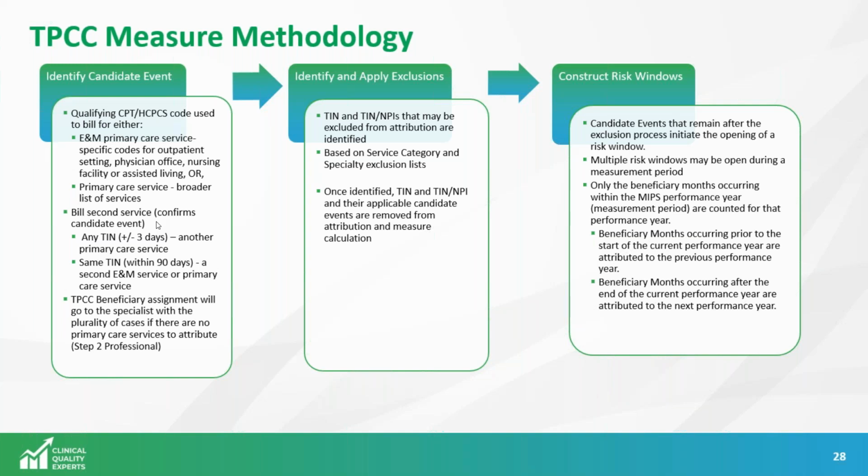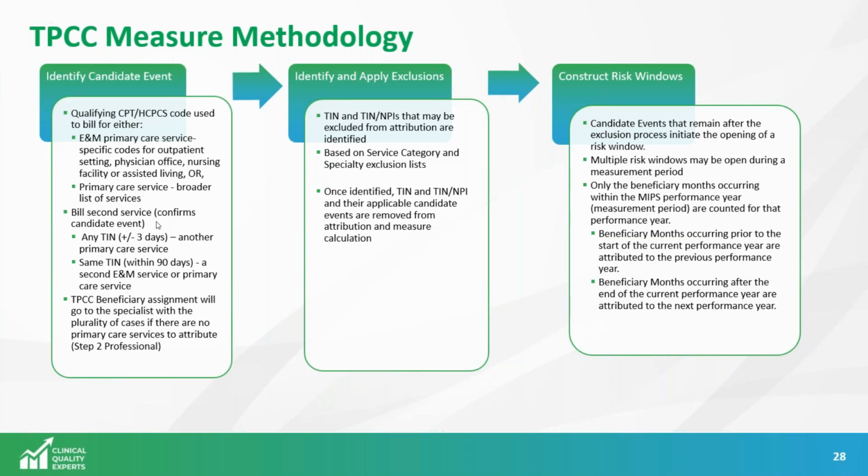So then we come to where the specialty exclusions come into play. TPCC has what is called a step 2 physician in their methodology. This means that if you are a specialist that is not excluded, then you may end up with the plurality or majority of candidate events for a patient. The way this happens is if a patient sees a primary care doctor once a year, but sees a specialist many times a year, the specialist is attributed this measure.